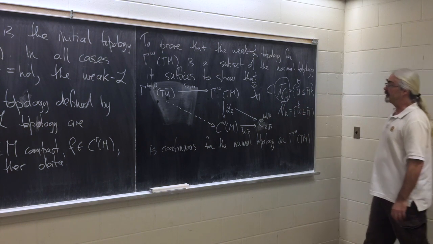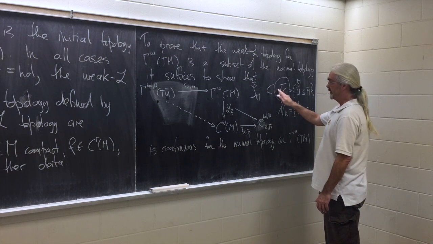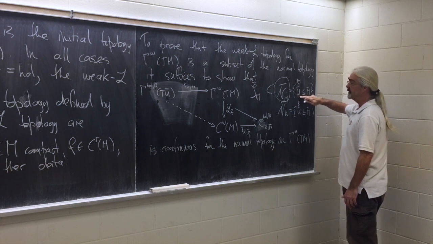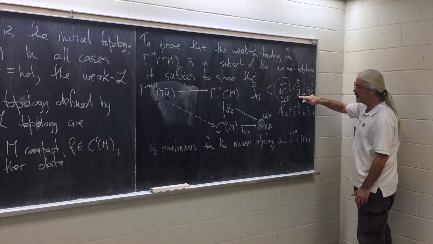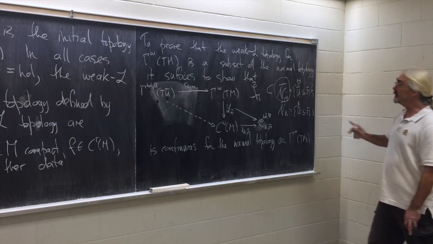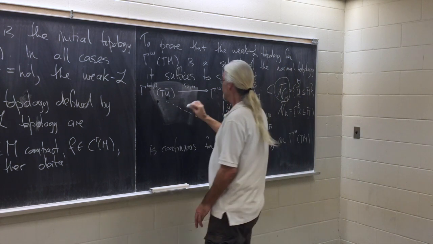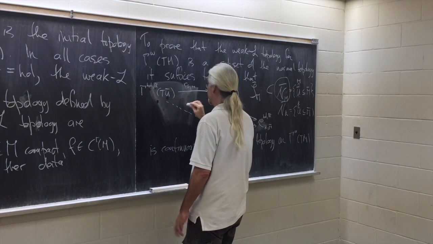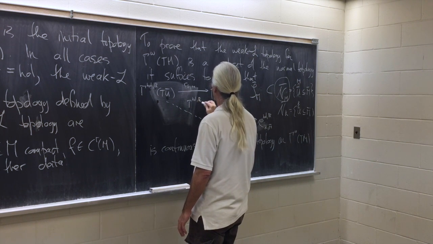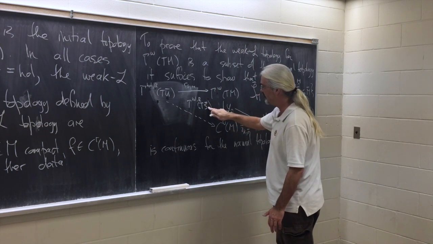What Grauert proves in categorical language is that this is cofinal in here. What that means is that given every U bar in here, you can find a Stein neighborhood contained in U bar. That's one of the things that Grauert proves. So we're going to choose a Stein neighborhood contained in U bar, which I'll squeeze in here, and call S bar.